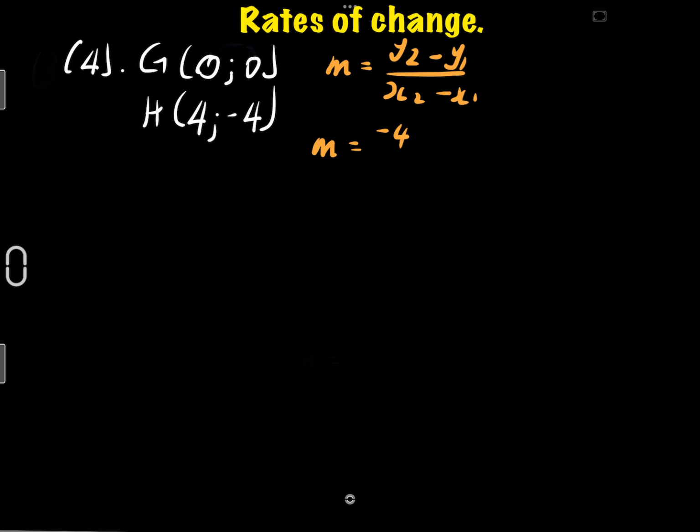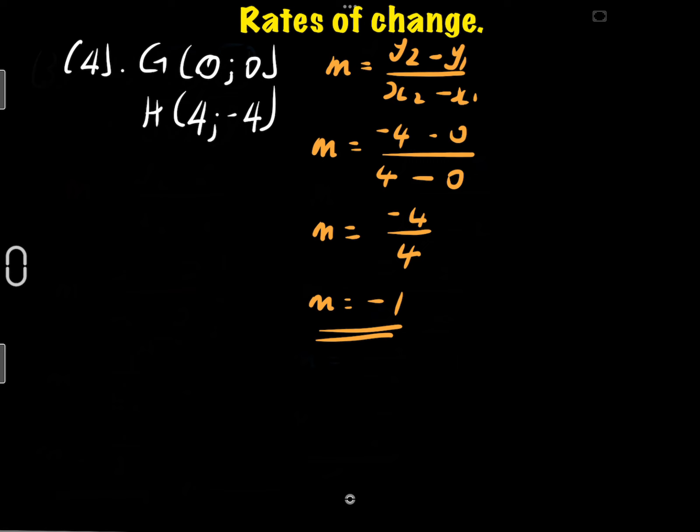So we have negative 4 minus 0 over 4 minus 0. Negative 4 subtract 0 is simply negative 4, and 4 subtract 0 is just 4. Negative divided by positive gives us negative, and 4 divided by 4 gives us 1. Again, our gradient is negative.